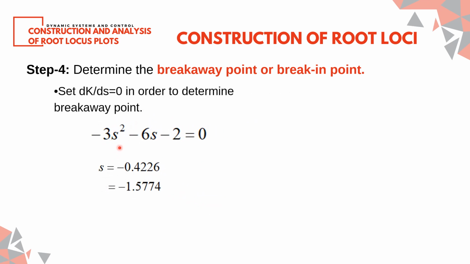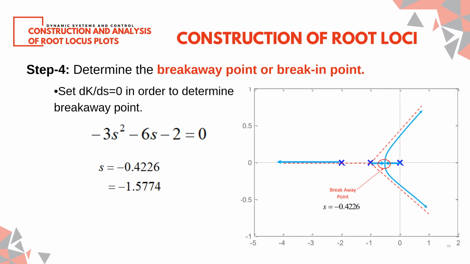We need to set dk over ds equal to 0 in order to determine the breakaway point. So we have negative 3s squared minus 6s minus 2 is equal to 0, and the roots of this equation are negative 0.4226 and negative 1.5774.